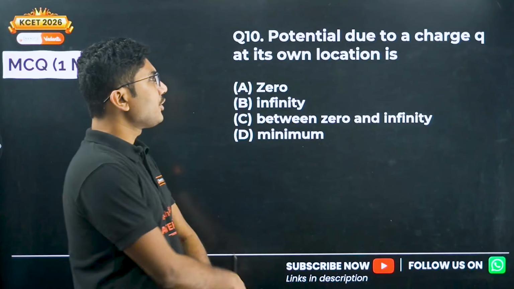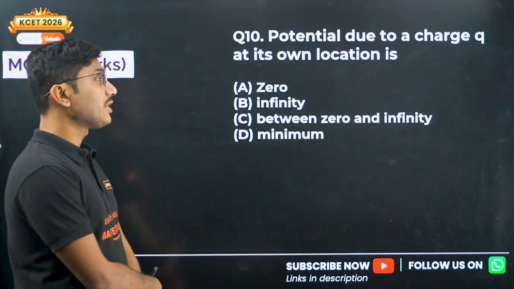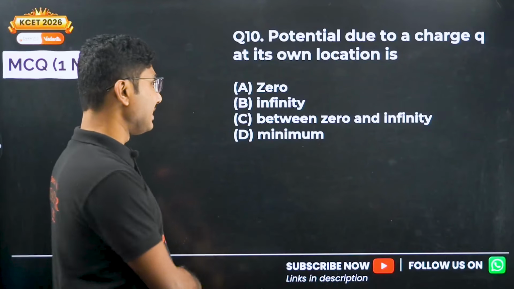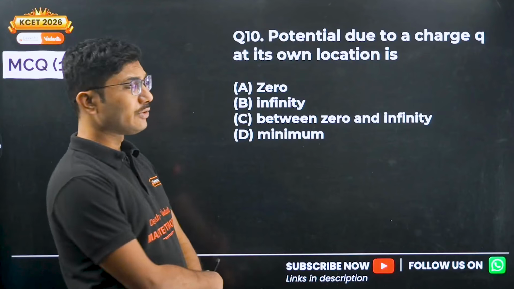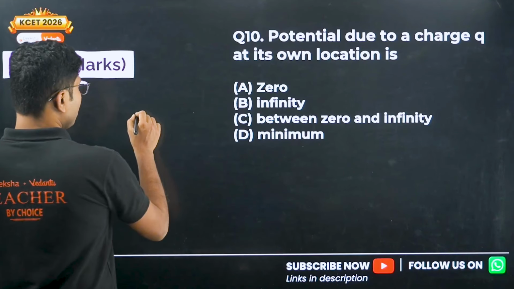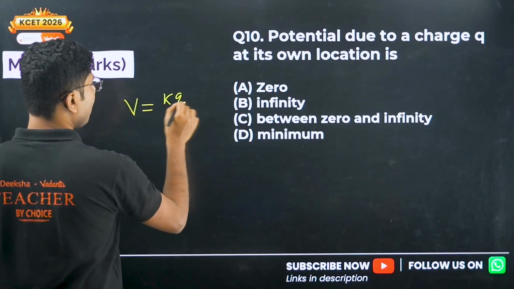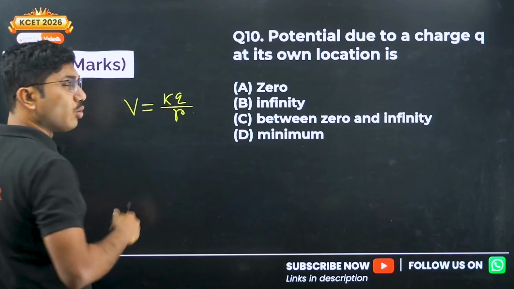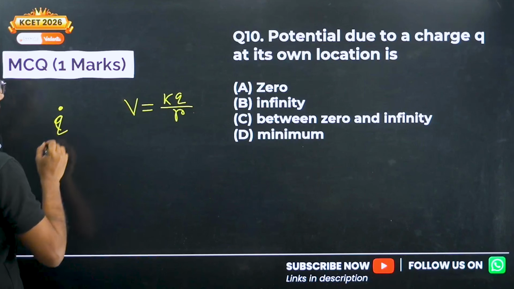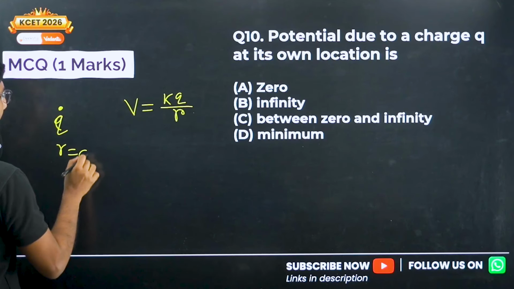Next question. Potential due to a charge Q at its own location is: 0, infinite, between 0 and infinity, or minimum. Potential due to a point charge is given by KQ by R. At its own location, where the charge itself is located, R equals 0.